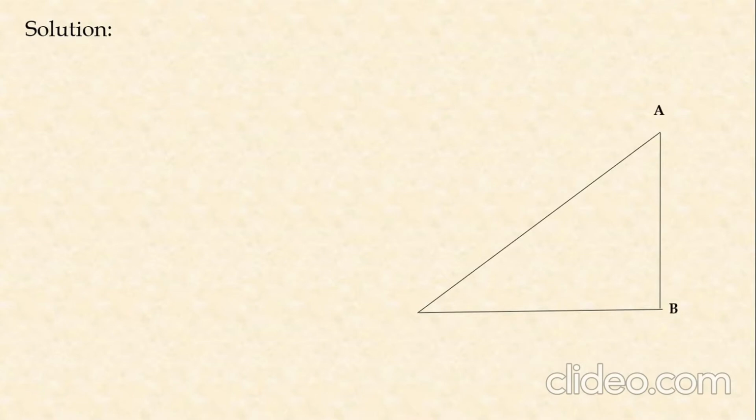So AB is the height of the tower. Next, C is the point where the observer is standing and observes the top of the tower. This is alpha degrees, the angle of elevation, and the distance between the observer's eye and the foot of the tower is given, that is d meters.